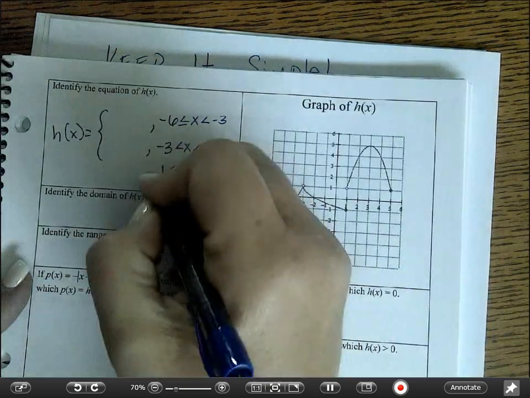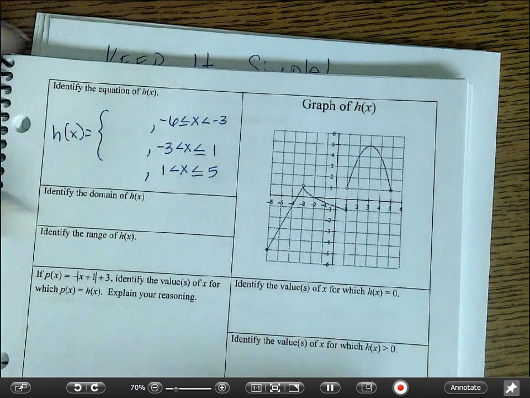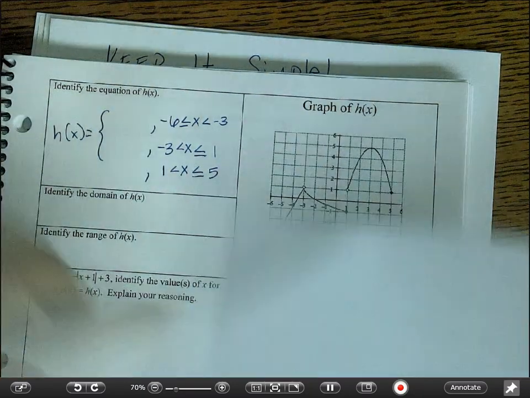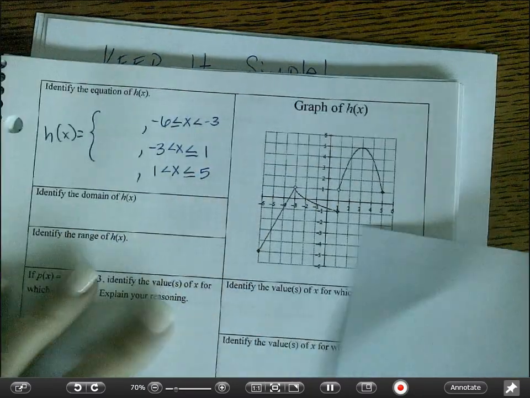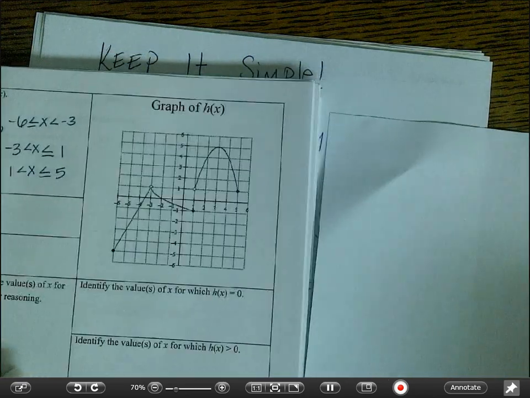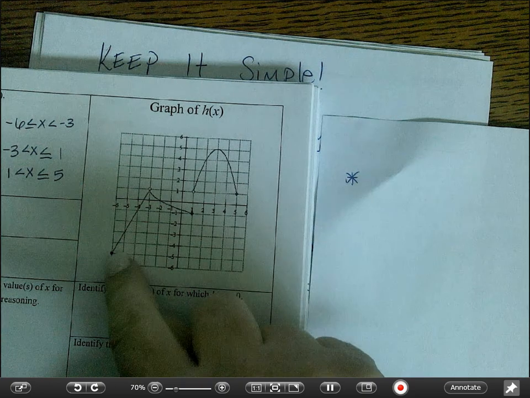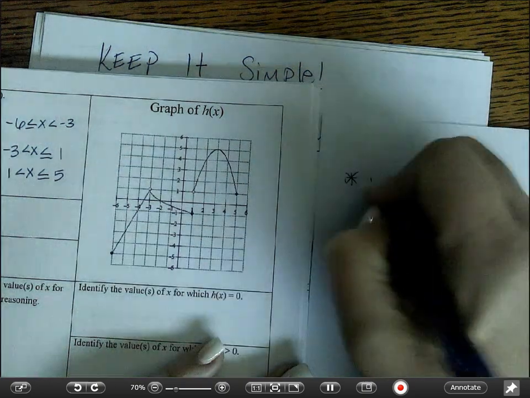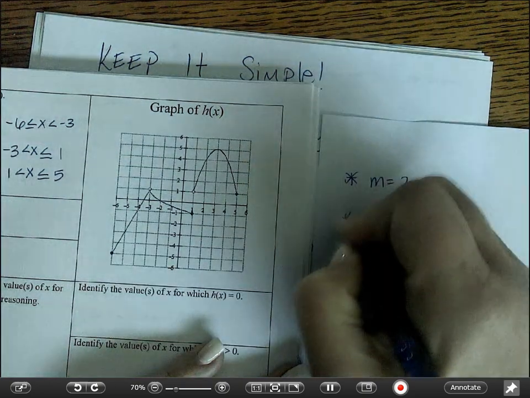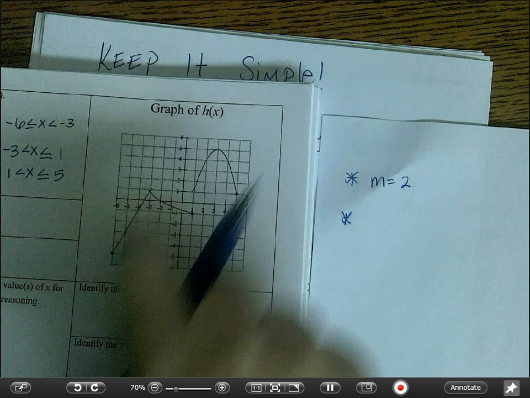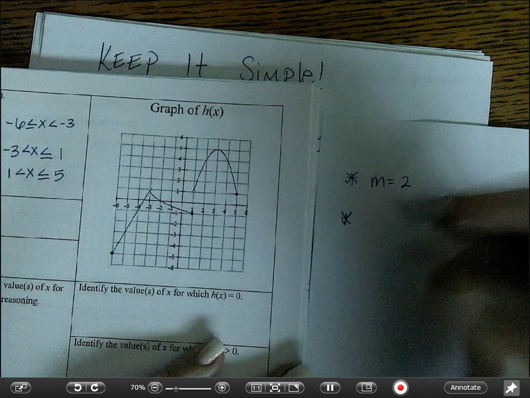So now let's take a look at the linear line right here. We need to find the slope. I could go up 2 over 1, so I know that the slope is 2, and then for the point, I could use any point. I'm going to use -5, -3.